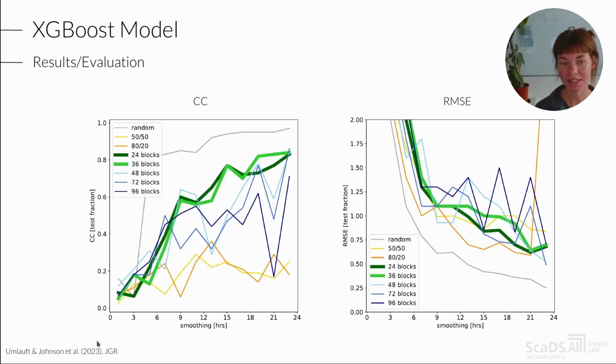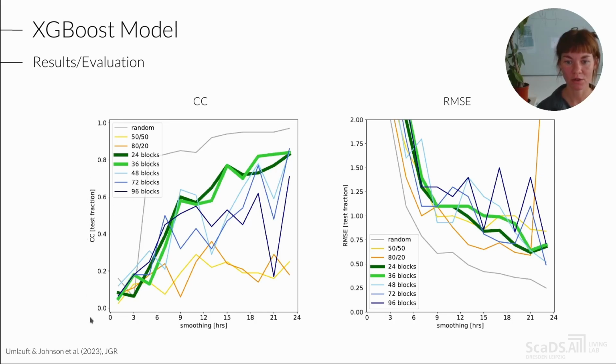And what we did here is that we tested the performance stability against smoothing our time series. And you can see here, indicated by those different colors, all the different types of split that we used, from random over 50-50, 80-20, to differently sized blocks from 24 to 96 hours.